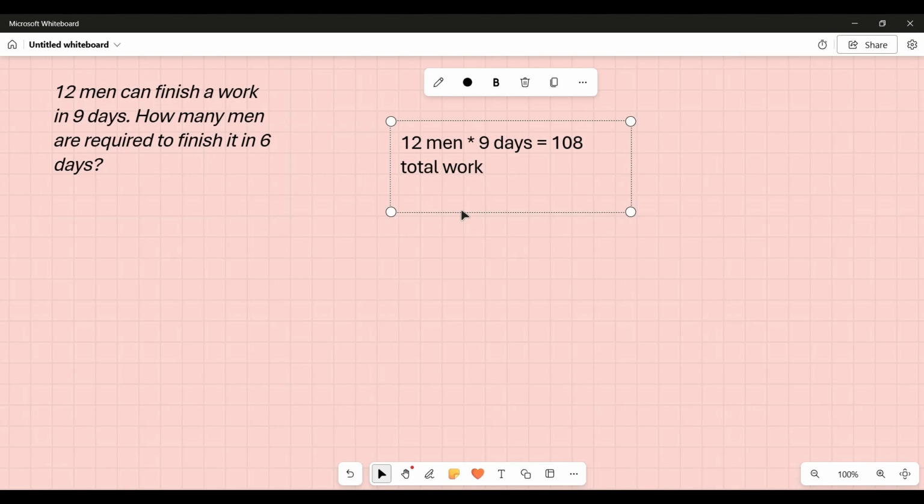Consider x men into 6 days equal to the total work, which is 108. So when we solve it, x equals 108 divided by 6, which comes out to be 18. So 18 men are required to finish the work in 6 days.